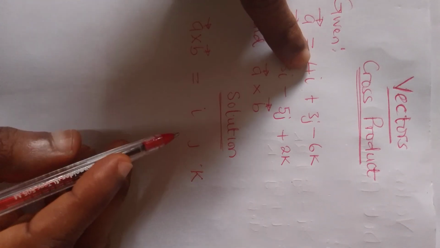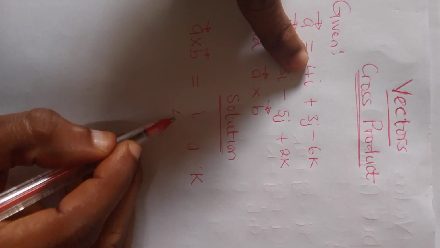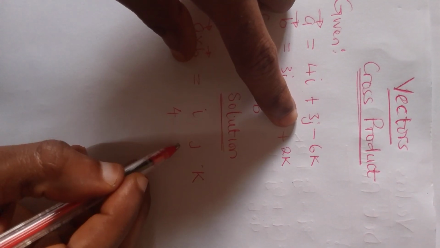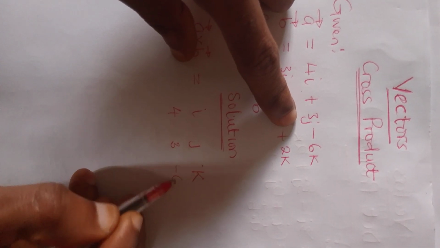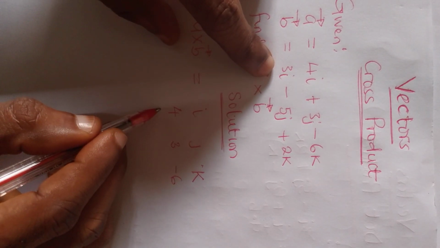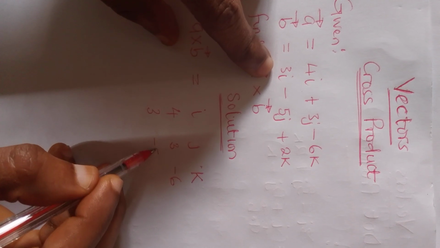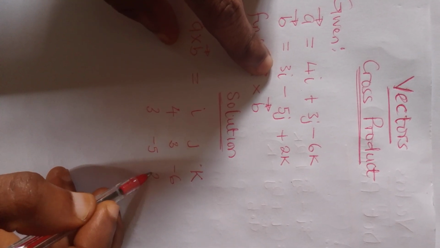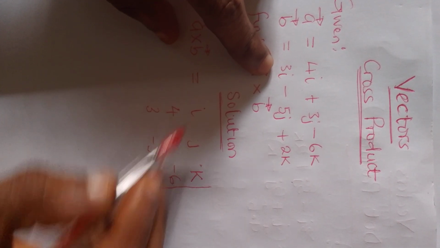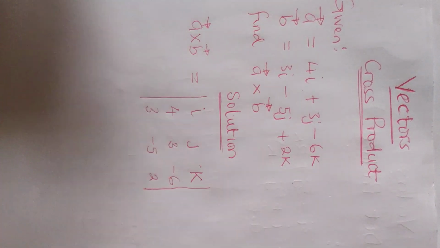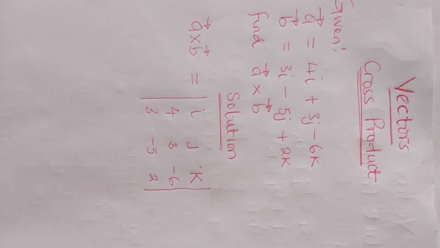The first one, A, is 4, 3, and then minus 6, and the second vector 3, minus 5 and then 2. So this is in form of a matrix, and we are going to solve it using the method of determinant, and so this is how to go about it.